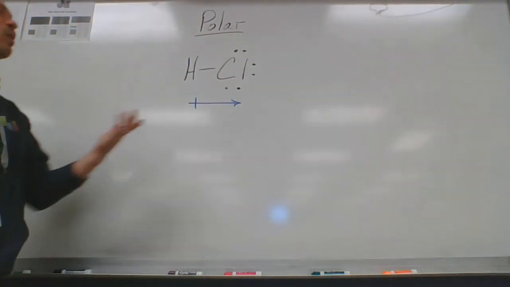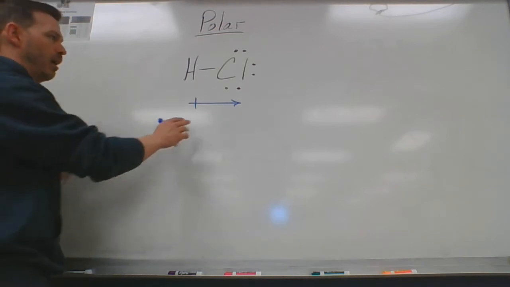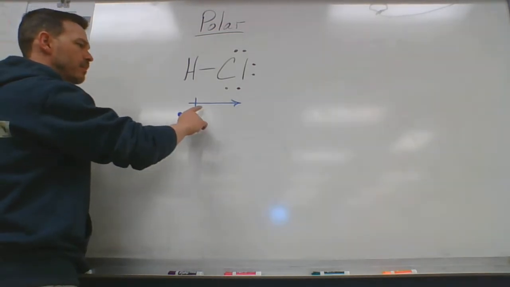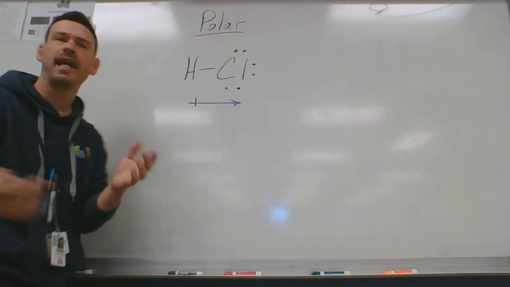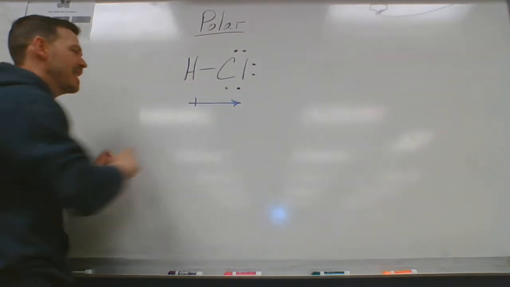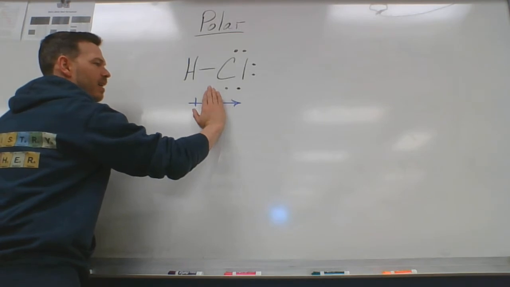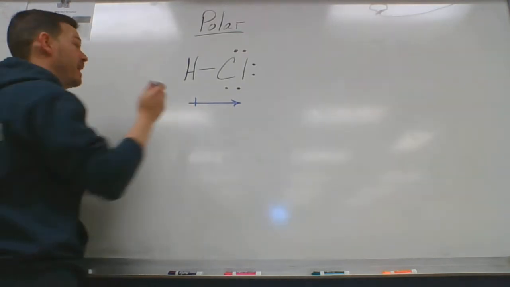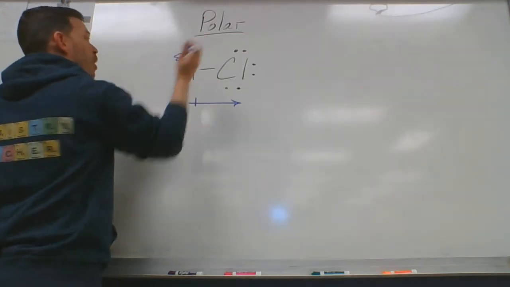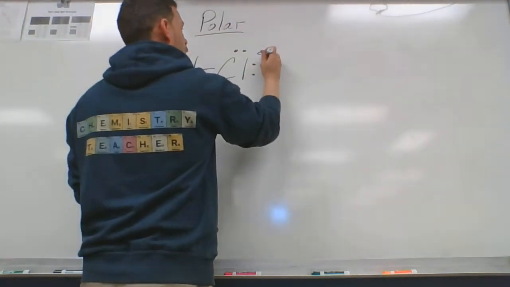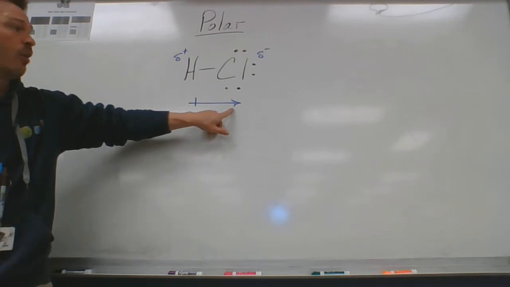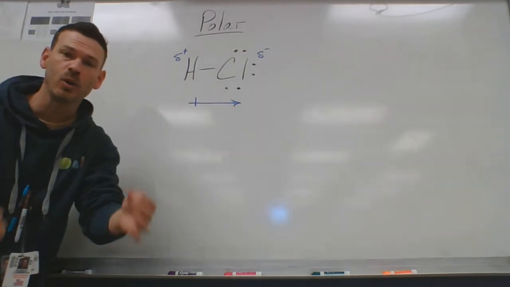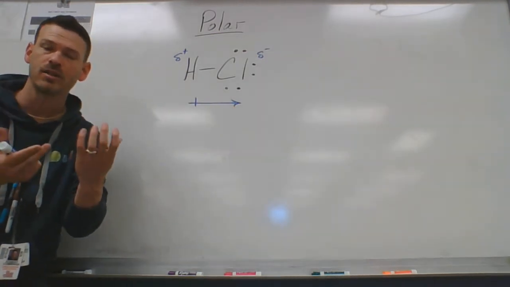So when you show this dipole moment here, you point an arrow towards whichever of the two is more electronegative. And then it gets a little tail. Hey, what does that little tail look like? A plus sign, because the hydrogen is partially positive and the chlorine is partially negative because the arrow shows that the chlorine is hogging the electrons and electrons are negative.